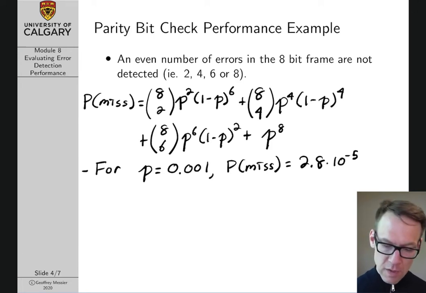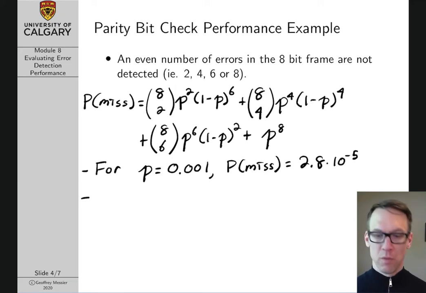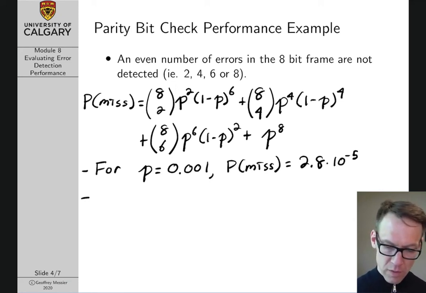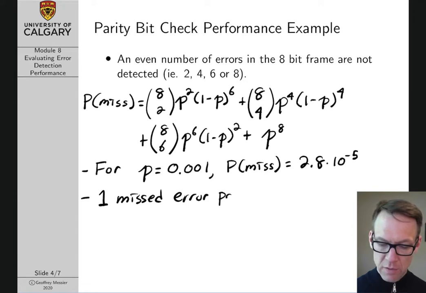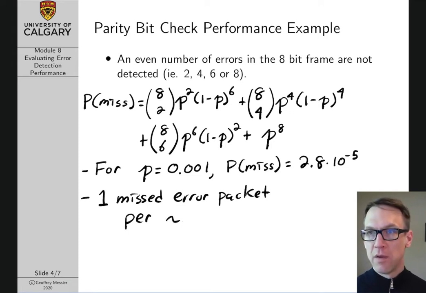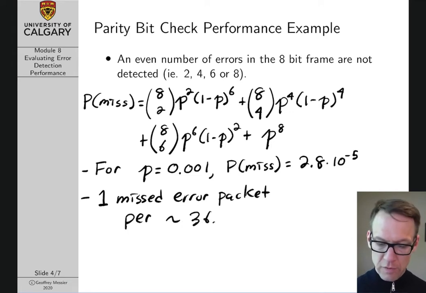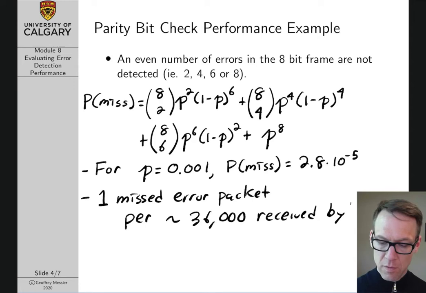And so this means we have one missed error packet per approximately 36,000 received bytes.